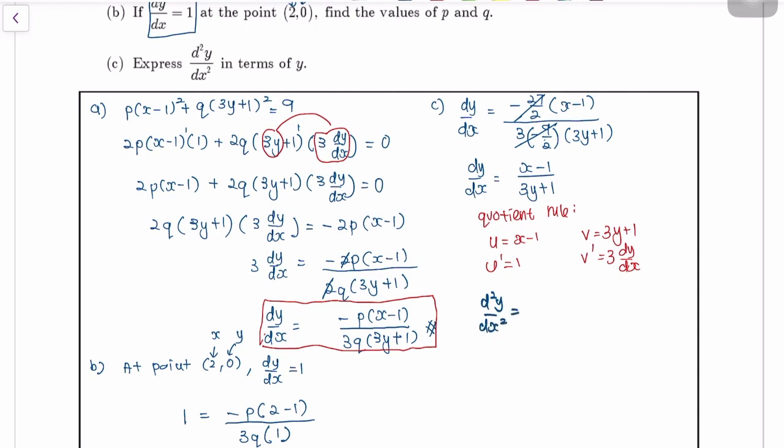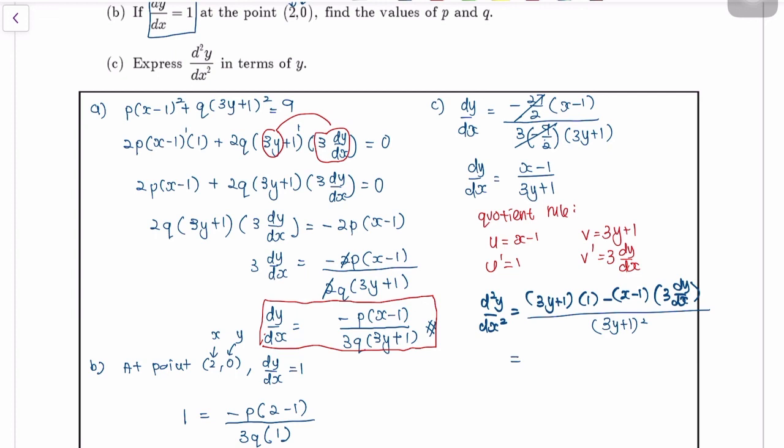So (v u prime minus u v prime) over v square. So v square 3y plus 1 square.